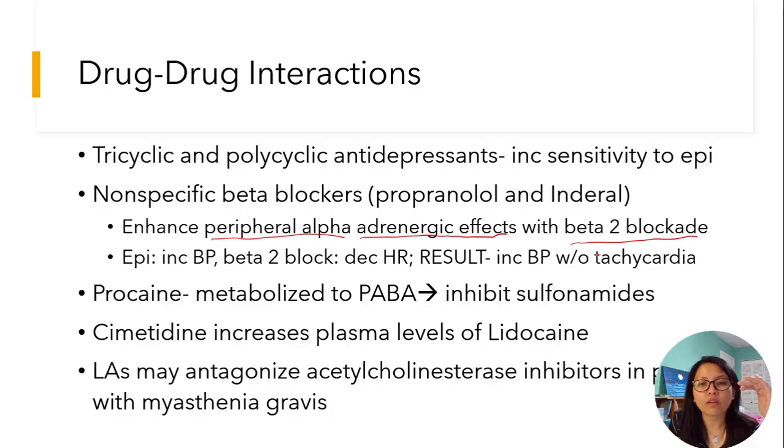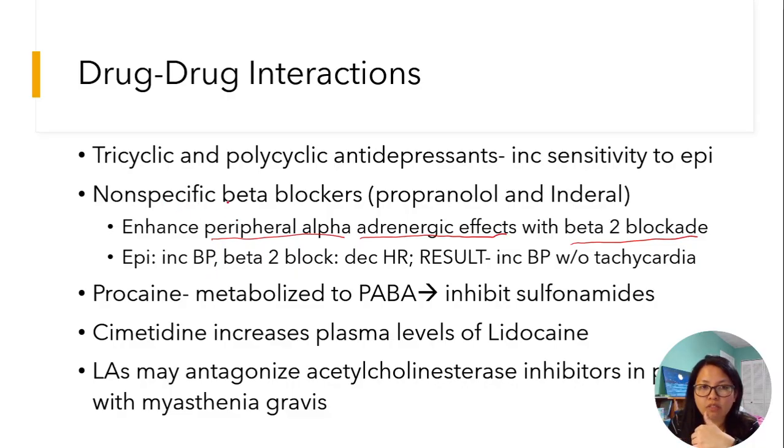So what would happen if the patient is taking propranolol or Inderal and you give them LAs with vasoconstrictors? Epi and levonordefrin would increase the blood pressure of the patient.